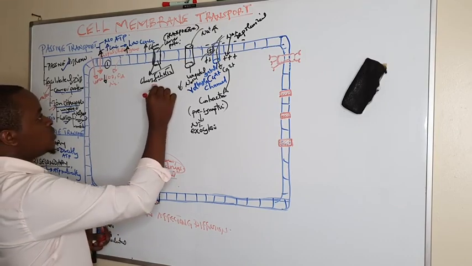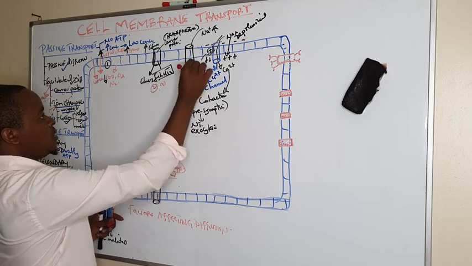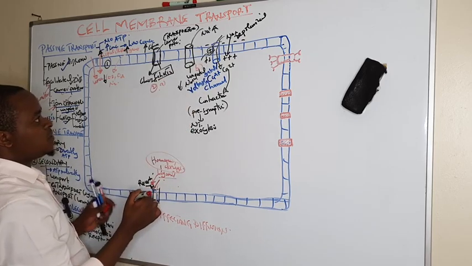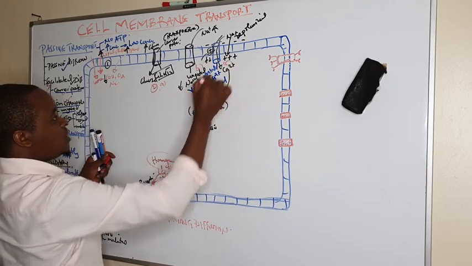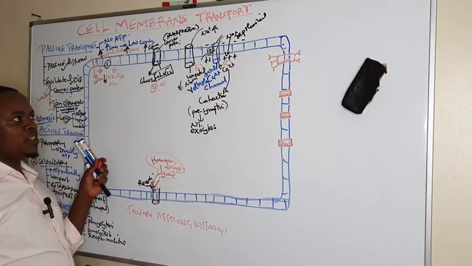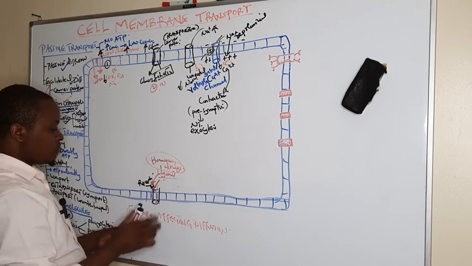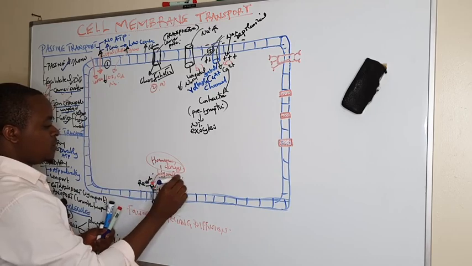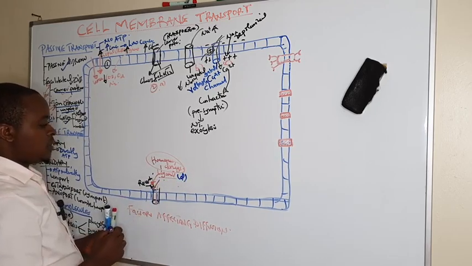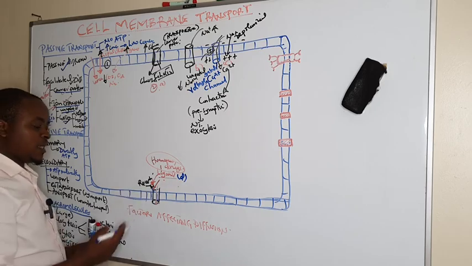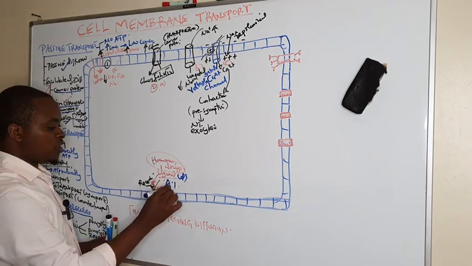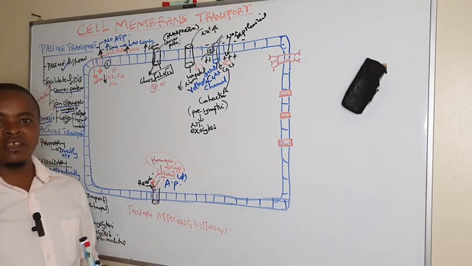So this was 2A, B, this is for the gated, and C is for high voltage gated calcium channels, then D is for ligand gated, which enable propagation of action potential at the postsynaptic neurons.